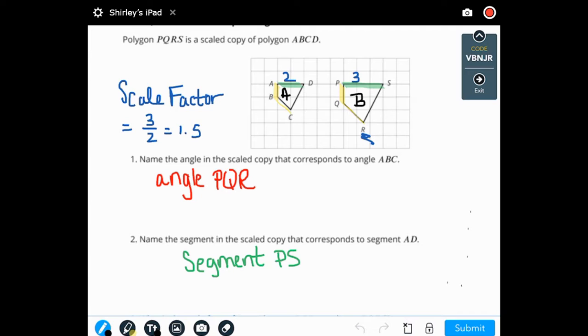If you can see question number 3, it's asking you to find the scale factor from A to B. So if you answer number 1 and number 2, also find what is the scale factor from the smaller shape to the larger shape.